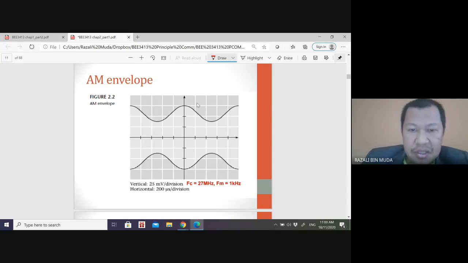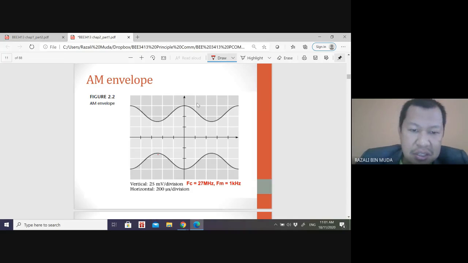So this is the signal as shown on the oscilloscope. If you measure the AM signal, the output from that modulator, it can show this kind of signal.